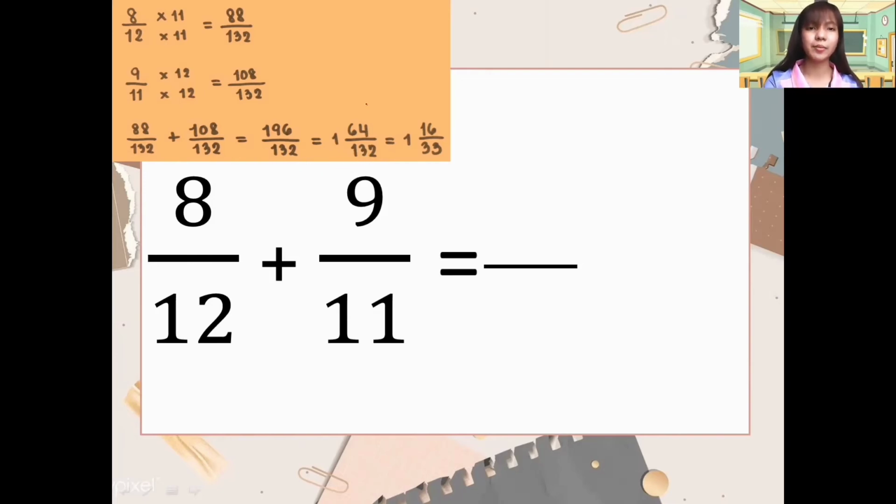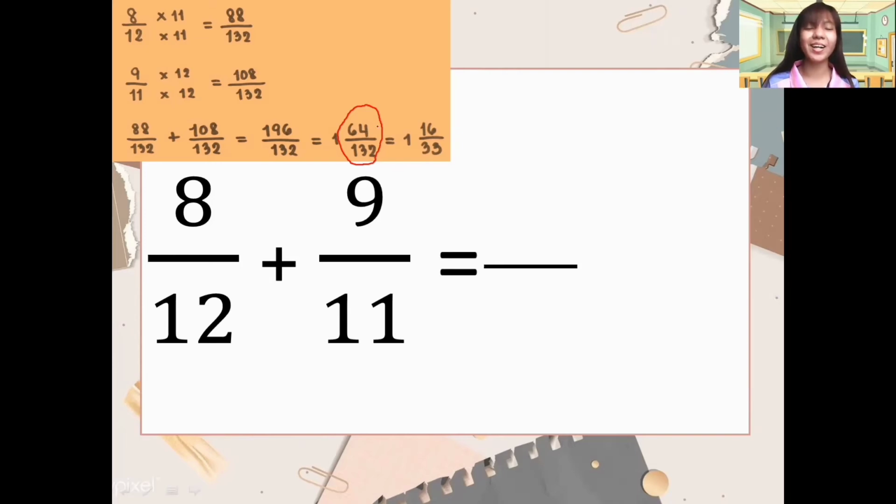Now you see here, look at this, 64 and 132. Is there a number that is divisible to both 64 and 132? Yes, it has. There is a number. Okay, what do you think that number is? Okay, it's 4.